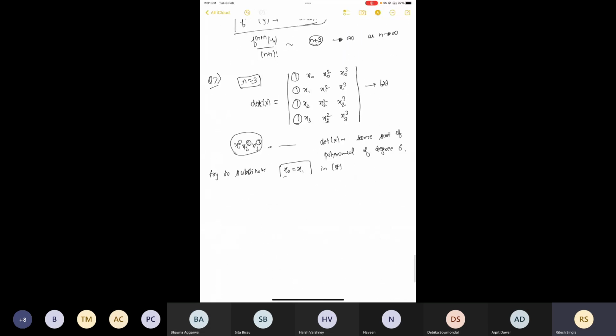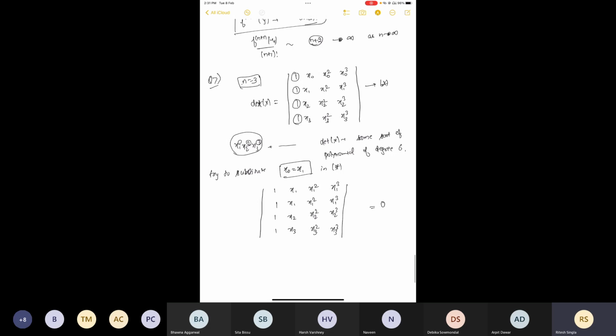If I put x naught equal to x1 here, then what will it be? 1, x1, x1 square, x1 cube; 1, x1, x1 square, x1 cube; then x2, x2 square, x2 cube and x3, x3 square, x3 cube, right?